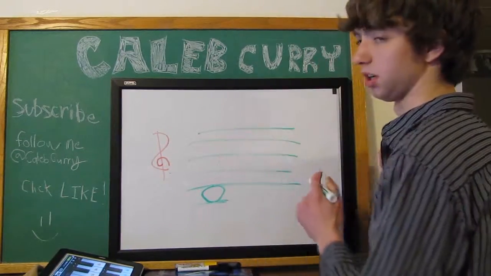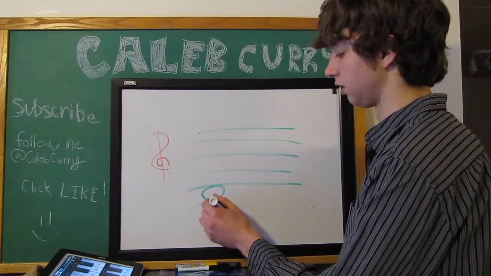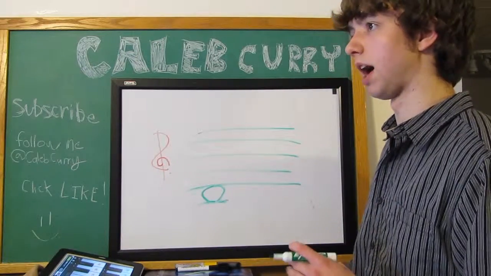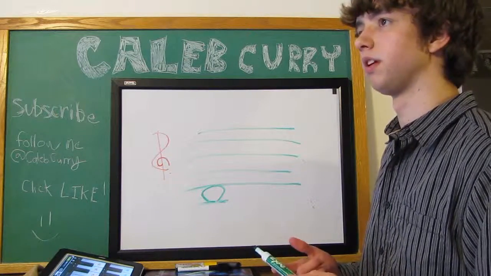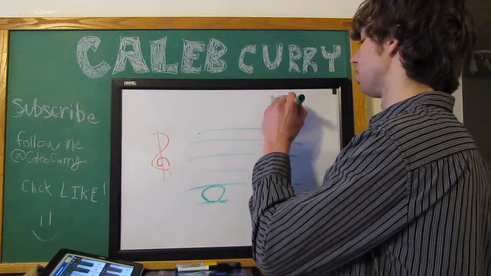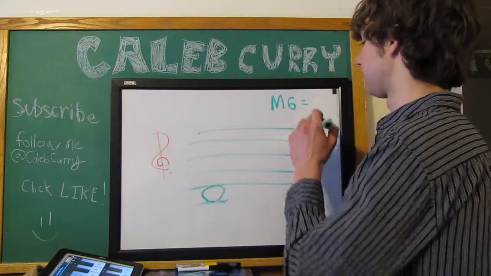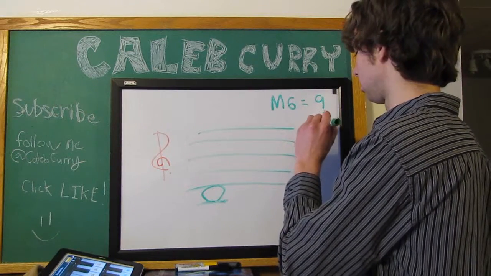That way we don't have to start up here, because then there's too many ledger lines. And, well, not too many, but you get the point. So an augmented sixth. Well, half steps in a major sixth. Let me think. Well, there's 7 and 5. There's 9 and 6. So a major sixth has 9. So an augmented sixth must have 10.